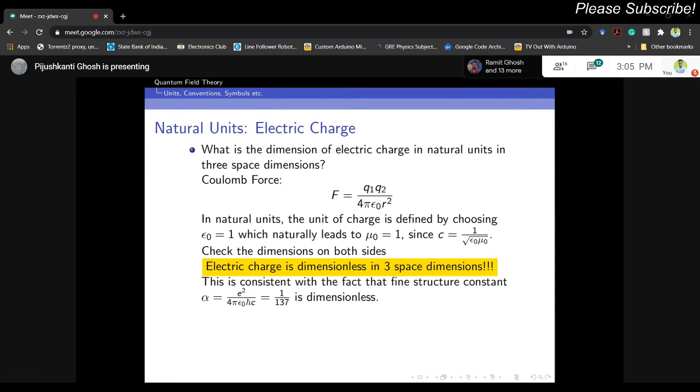Previously they used to talk about 26 dimensions. So whether the electric charge is going to be identical in all dimensions or different, it is different. That's why I am mentioning repeatedly that in three space dimensions, the mass dimension of electric charge in natural unit is 0. Okay, I'll be coming to that, sir.